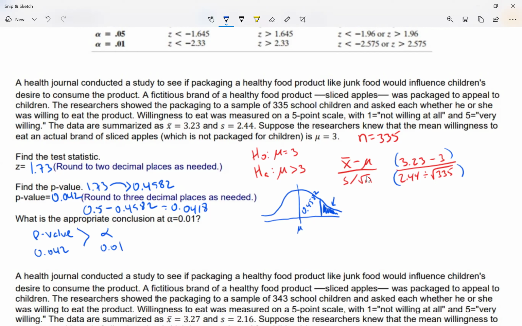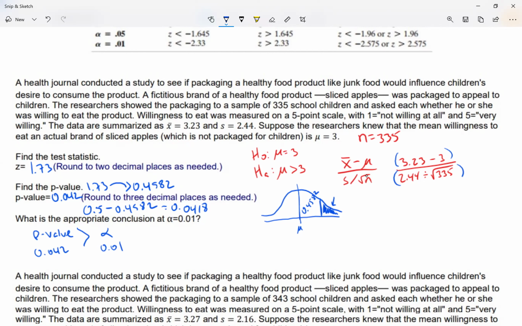That's not the case here, right? So in this case, I'm not going to reject the null hypothesis. Remember, I was going to reject the null hypothesis if alpha was bigger. But in this case, because the p-value is bigger, I'm going to choose to not reject the null hypothesis.